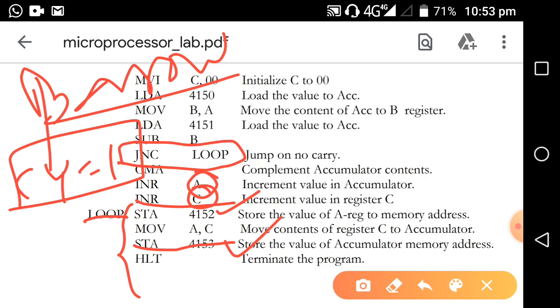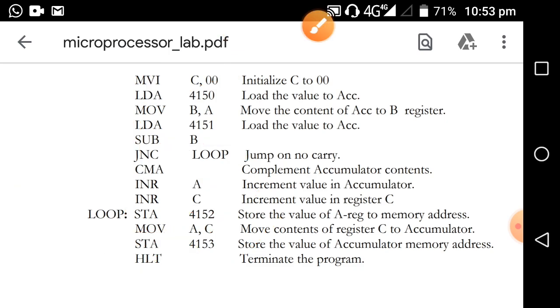The borrow needs to be stored into the accumulator first, so by using MOV A, C, the content of the C register moves into the accumulator, and then we store the content of the accumulator into the 4153 location, the location reserved for the borrow. Then we terminate the program by using the HLT instruction.